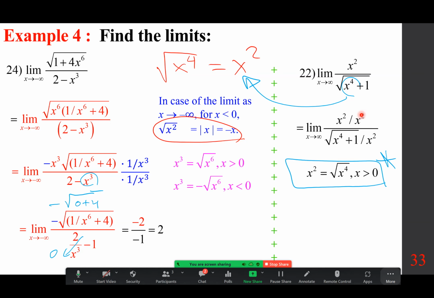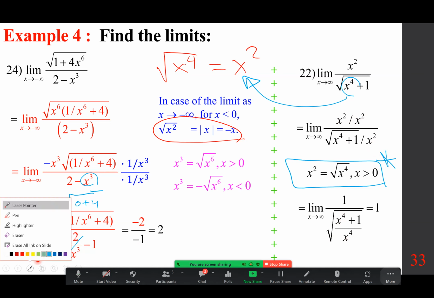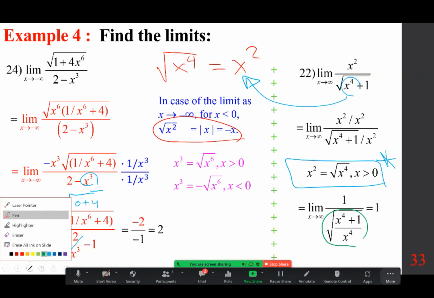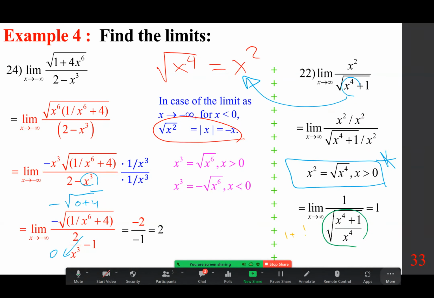So this becomes 1. This one, if you take it in, and you can do that, gives you 1 plus 1 over x to the power of 4 under the radical, which is simply 1. 1 over 1 becomes 1, and that's it.